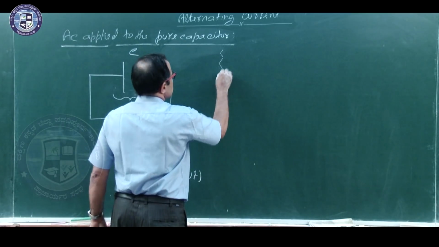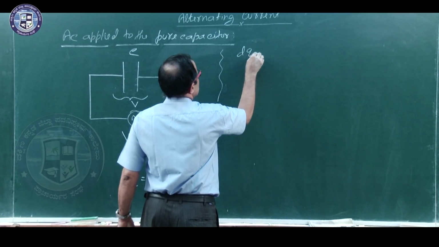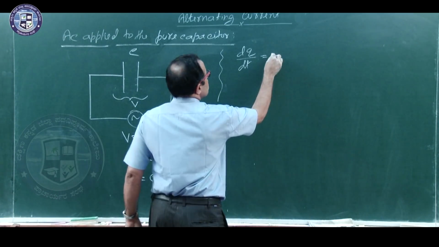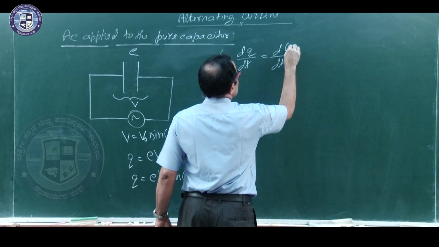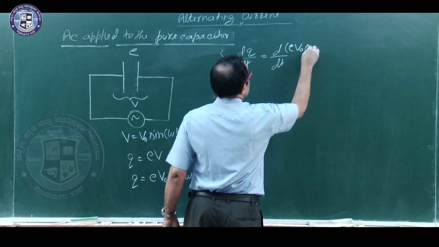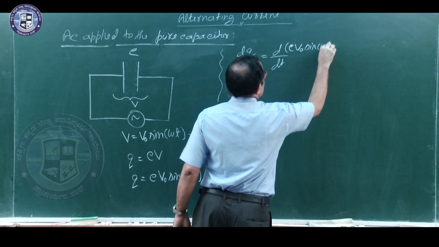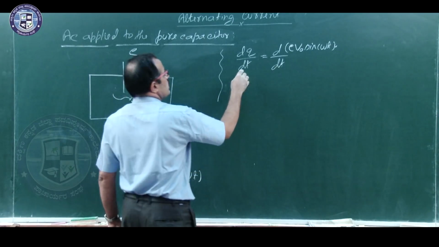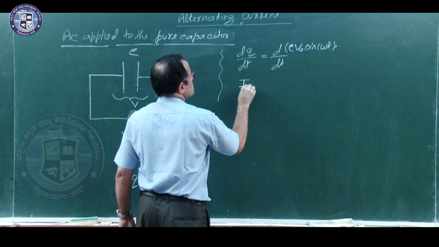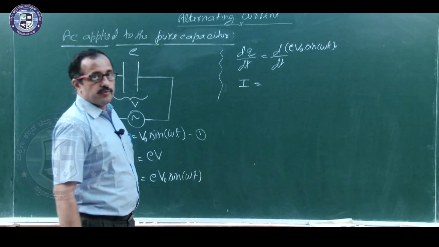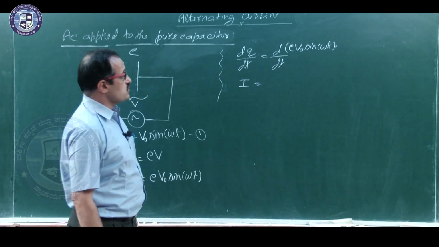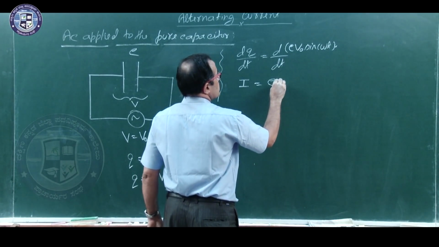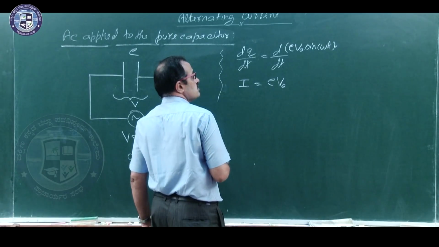So, dq by dt is equal to d by dt of C V naught sin omega t. dq by dt is nothing but current, the rate of flow of charge, instantaneous current I. C is a constant, take it outside, V naught is a constant, take it outside.